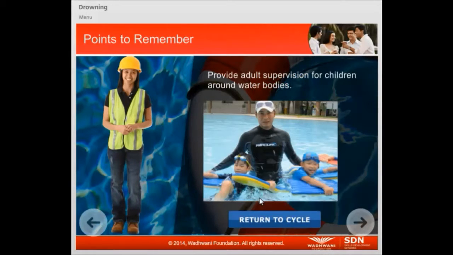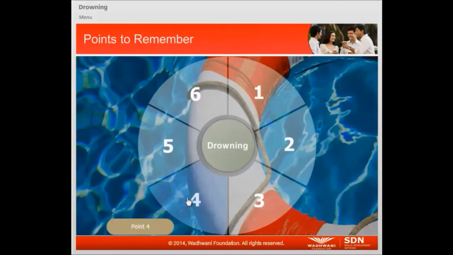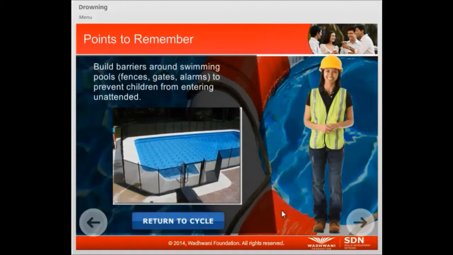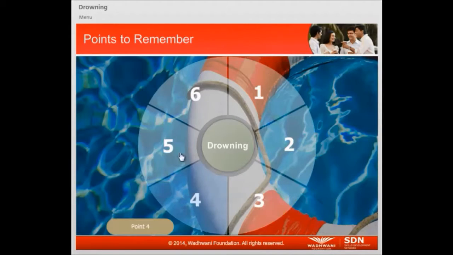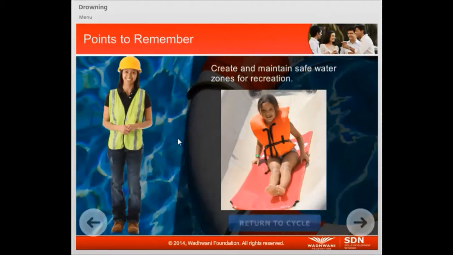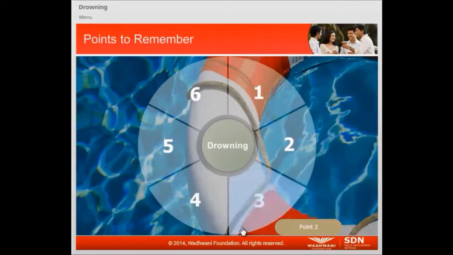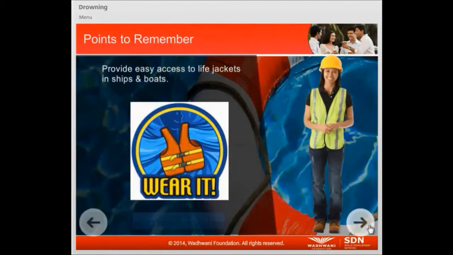Provide adult supervision for children around water bodies. Build barriers around swimming pools, fences, gates, alarms to prevent children from entering unattended. Create and maintain safe water zones for recreation. Provide easy access to life jackets on ships and boats.